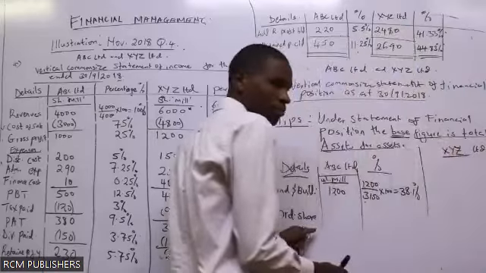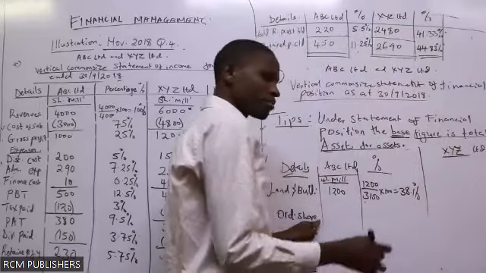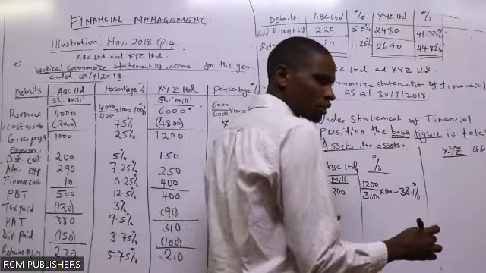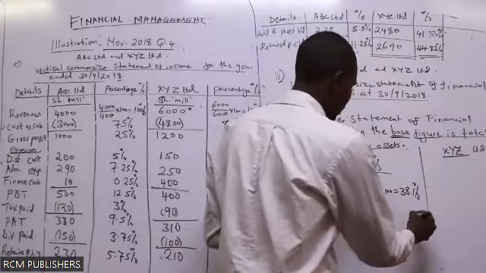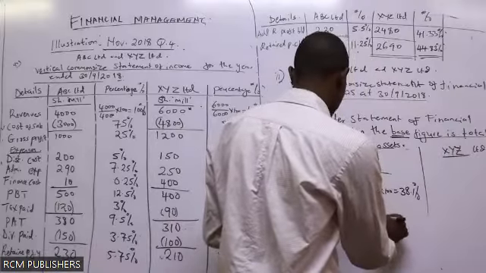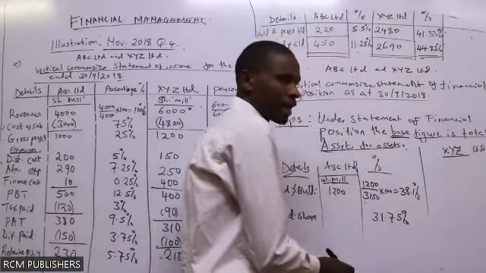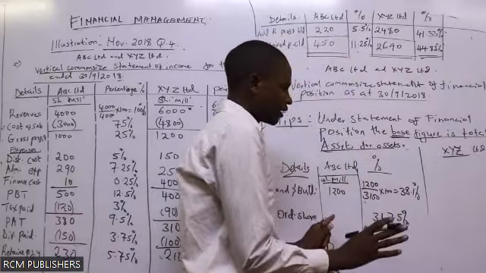Ordinary share umepata ngapi? Utanipea tu. 31.75. So 31.75%.